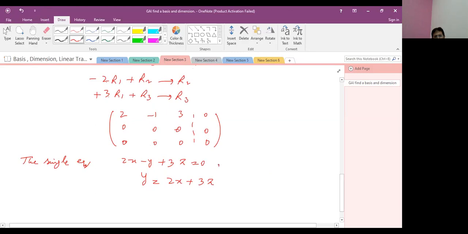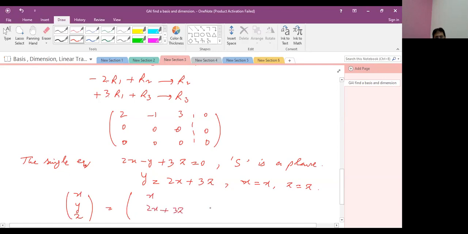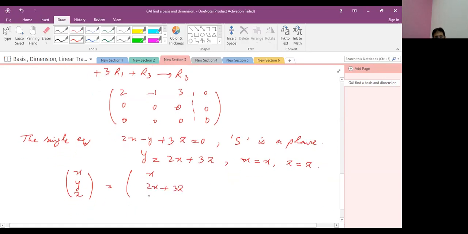S is a plane. So therefore y is equal to 2x plus 3z, and x is equal to x and z is equal to z. This means if we write (x, y, z), it is equal to (x, 2x plus 3z, z).